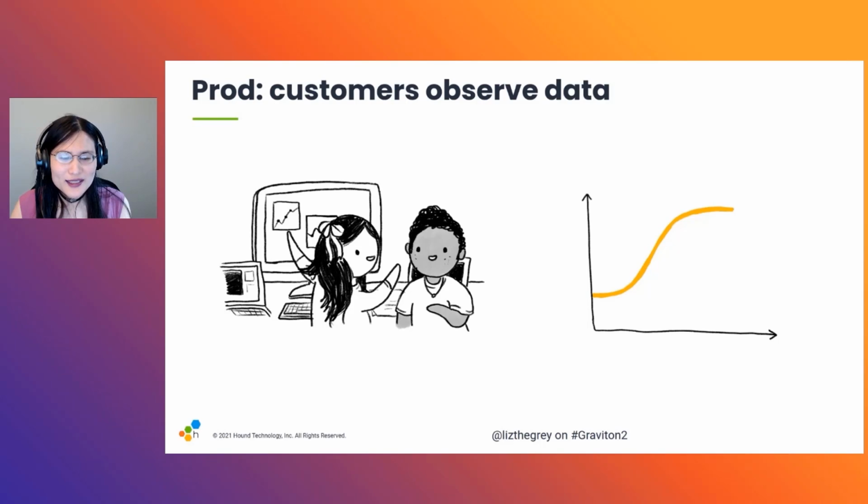One of the things that we had to deal with first was thinking about which of our 3 environments we deploy Graviton2 into. So in production, our customers observe their own data using the Honeycomb telemetry and analysis suite. This is not a great place to start an experiment because as much as we do advocate testing your code in production, we also advocate testing it first in a pre-production environment, right?